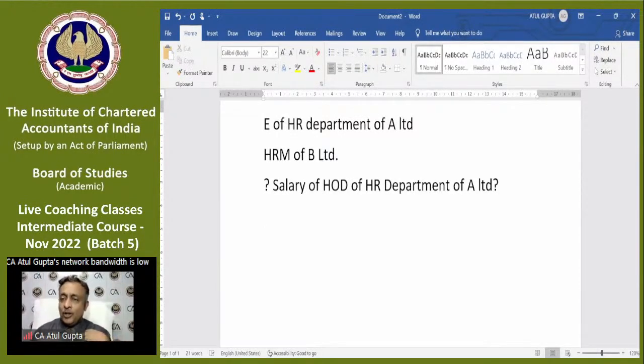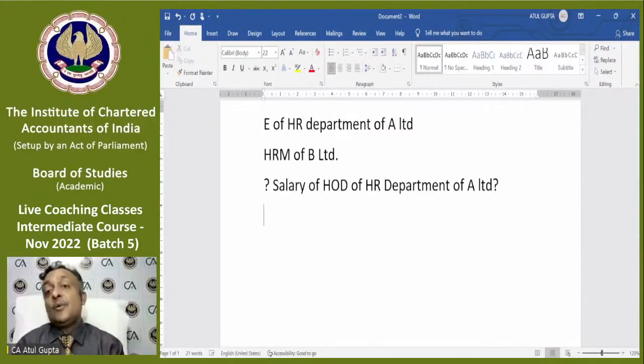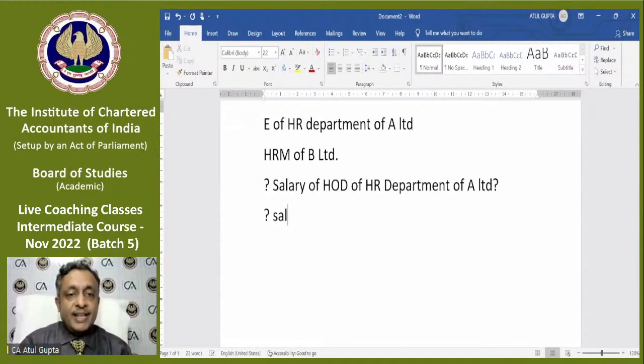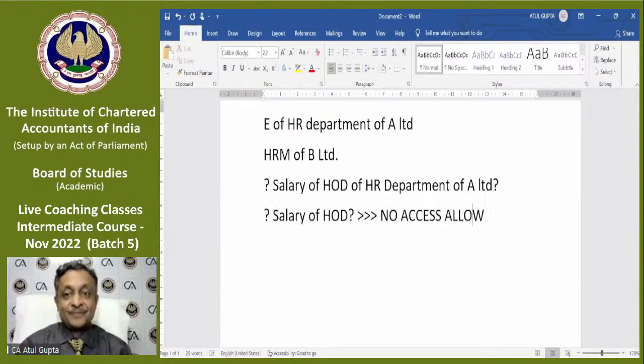So I am the employee. I go to the system of A and write a query: salary of HOD. I get a response. What is the response? No access allowed, because I don't have access.